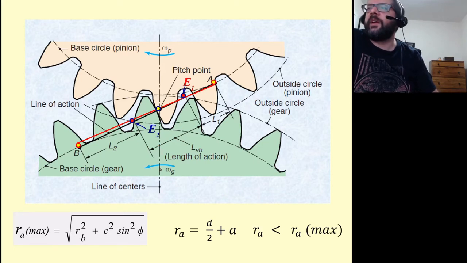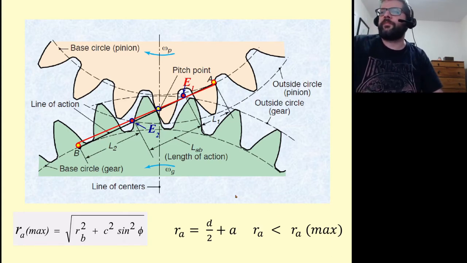That will give you the largest distance from the center of the gear out to where the addendum needs to end. So if your actual addendum radius, which is your diameter divided by 2 plus your addendum, is less than that, then you should be good.